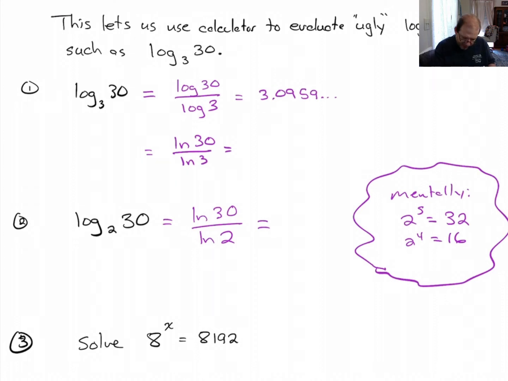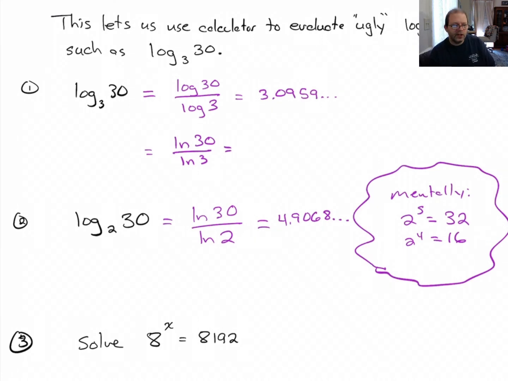So I'm expecting a number like 4.8, 4.9, somewhere in there. ln of 30 divided by ln of 2. Yeah, 4.9068, and so on. All right, so that's all there is to using the change of base formula.